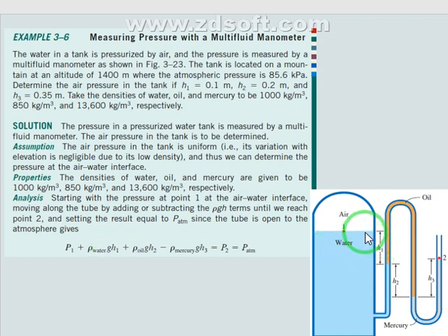Again, I'm gonna look at where the change between the liquids is. So let's say I have water, I have oil, I have mercury. I only care about the level or the depth between the two fluids, water and oil here.